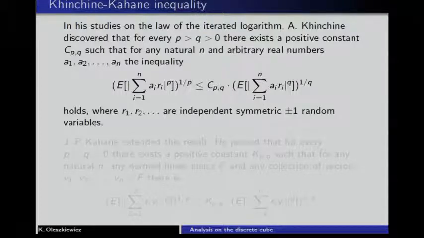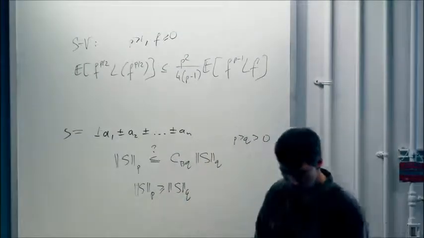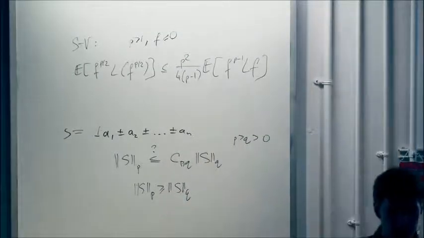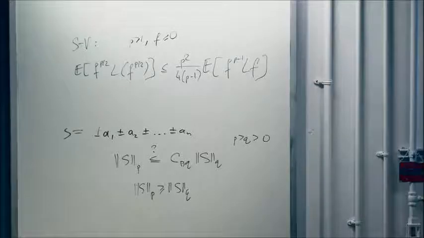So this is quite unusual. Of course, always for p greater than q, you will have sp greater or equal than sq. But the Khinchin inequality tells you that you can reverse the order of inequality, just paying the price of some coefficient, but depending only on p and q.